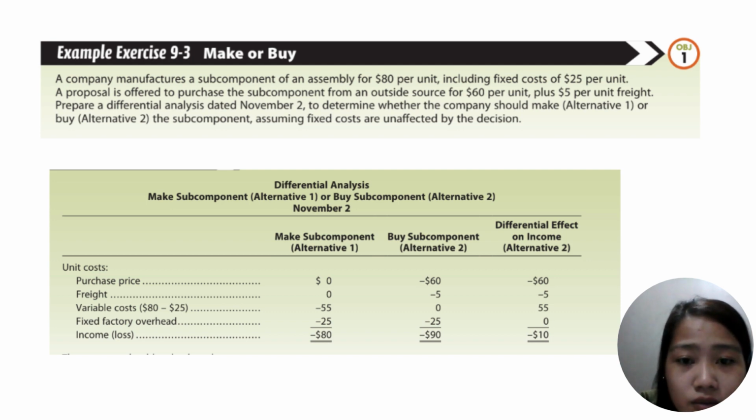So as you can see, we have a loss of $80 for the make subcomponent and $90 for the buy subcomponent. So therefore, it is best that the company will make the subcomponent, so choose alternative one.